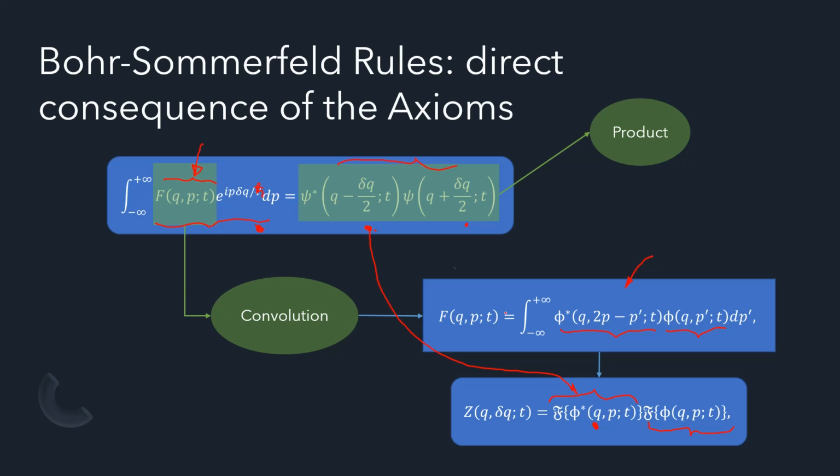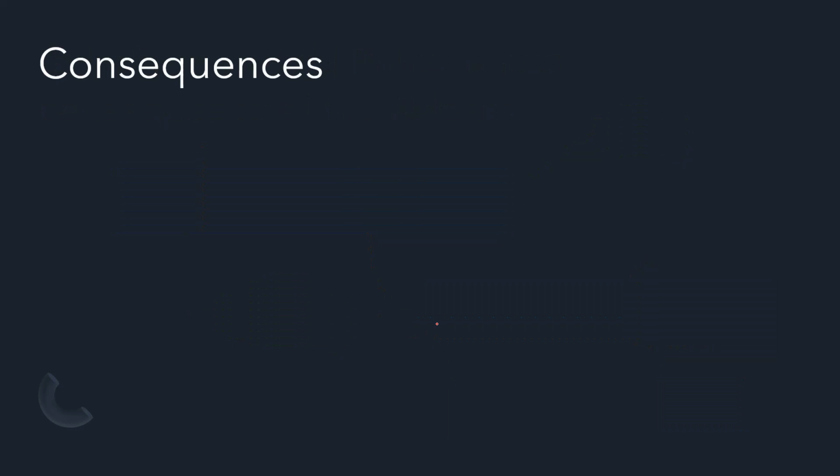That is, each one of these Fourier transforms can be related to the projection of the psi into the configuration space. This is the realm of the derivation of the Bohr-Sommerfeld rules, as we will see just now.